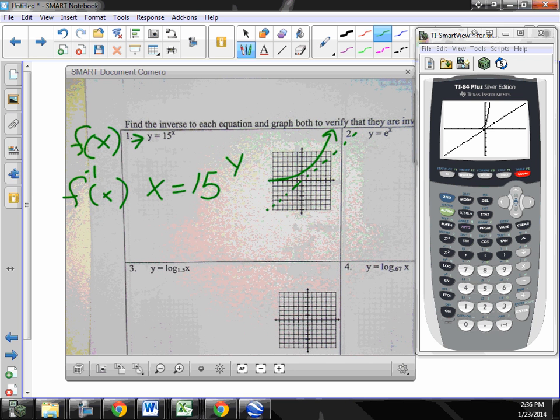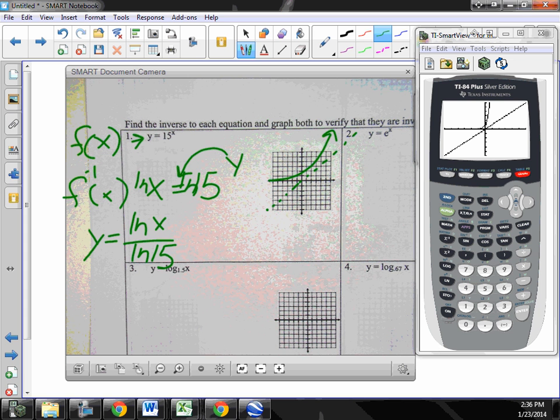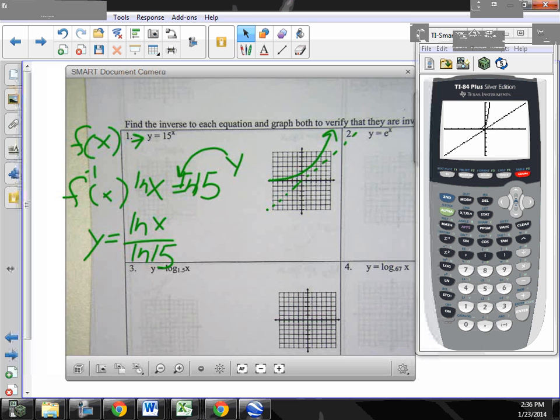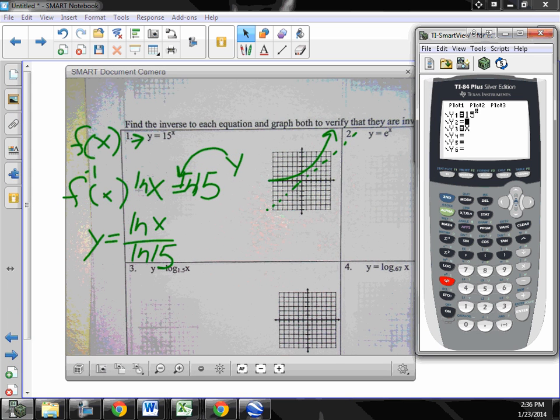So we use logs to set the y equal to itself. So you can ln both sides, drop the y. Ln x over ln 15 is the inverse. So I go into y equals and I graph in y2 ln of x divided by the ln of 15.